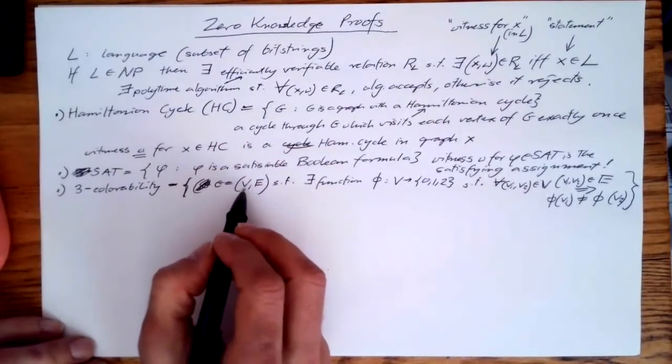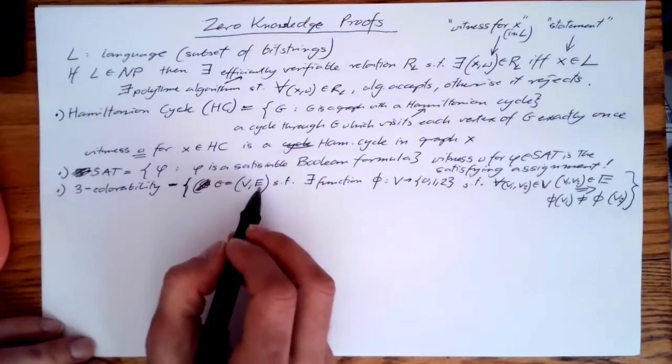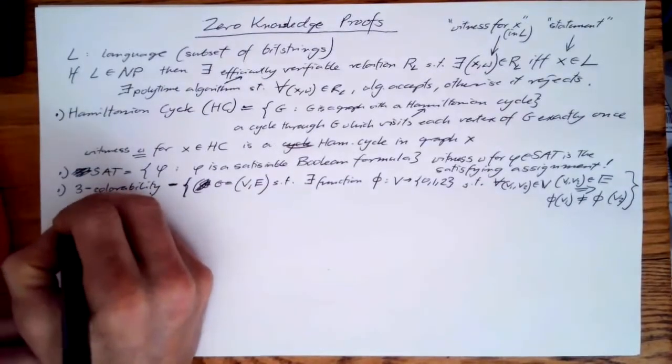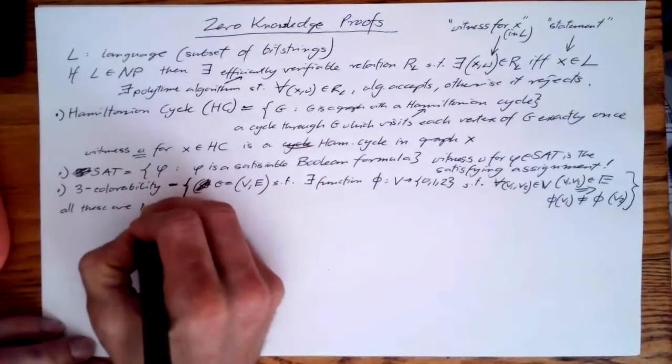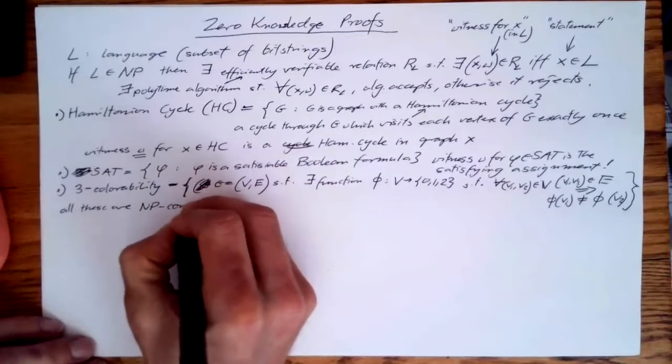You assign colors to vertices so that no 2 connected vertices have the same color. And all of these are NP complete.